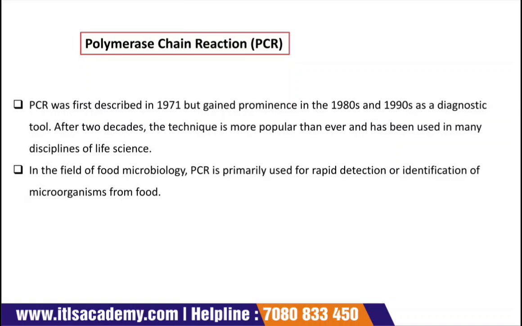In the field of food microbiology, PCR is one of the primarily used tools, and it is used for rapid detection and identification of microorganisms from food. Apart from this, PCR also detects food allergens by identifying their DNA sequences, and it offers high specificity and stability. It is especially used in processed food where the proteins may be denatured.